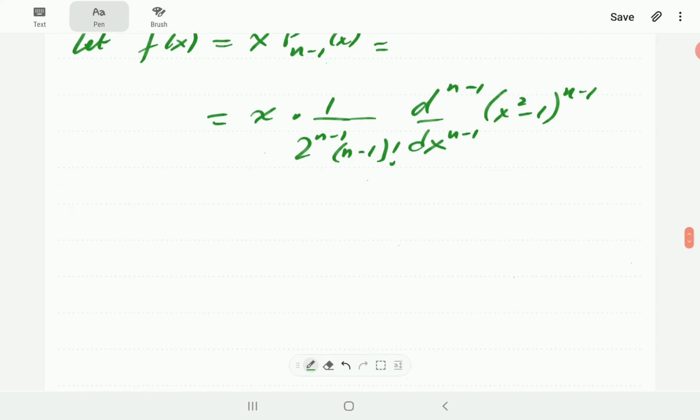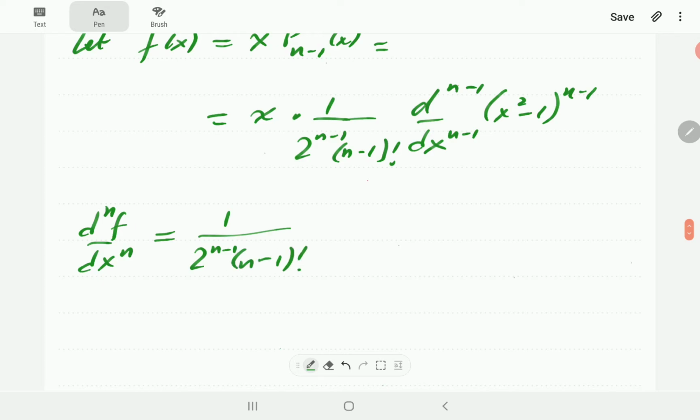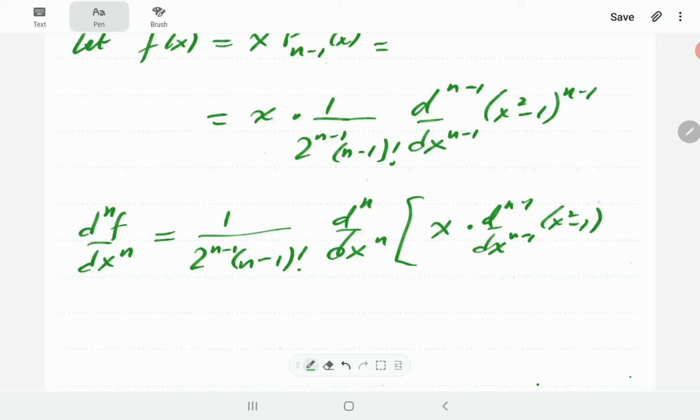Then the nth order derivative of this, so we need to differentiate this n times. So we're going to take the constant out of the derivative. So this is going to be the nth order derivative of x times the n minus first order derivative of x squared minus 1 to the power n minus 1.